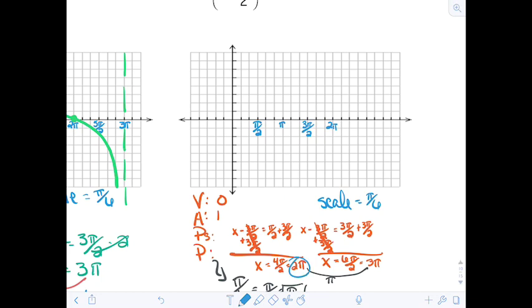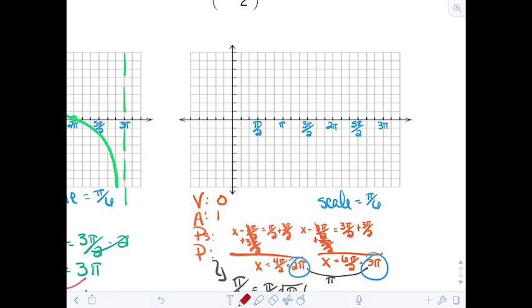I need to make sure that I have 2 pi and 3 pi on here. So then, if I'm in 6s, that's 13, 14, 15 pi over 6 reduces to 5 pi over 2. And then 16, 17, 18 pi over 6 is my 3 pi.